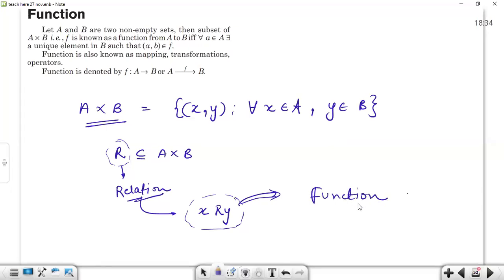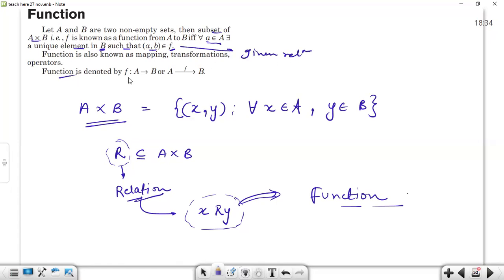And what are those conditions? We'll discuss later. So let A and B be two non-empty sets. Then a subset of the Cartesian product of A and B, which is a relation, is known as a function from A to B if and only if for all elements of set A, there exists a unique element in set B such that (a, b) belongs to F, the given relation.